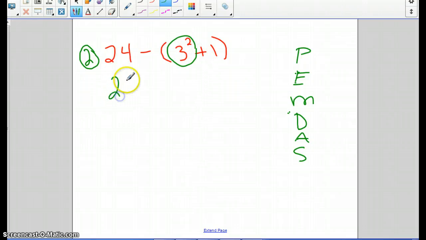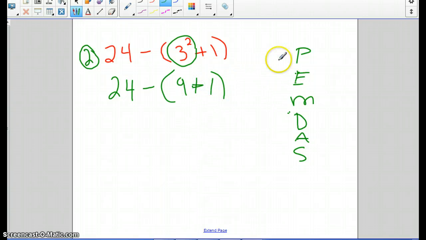Everything else stays the same. 3 squared becomes 9, so 24 minus 3 squared... Now, parentheses is still here, so we still have to simplify that. 9 plus 1 is 10, so inside the parentheses is 10. Everything else stays the same.